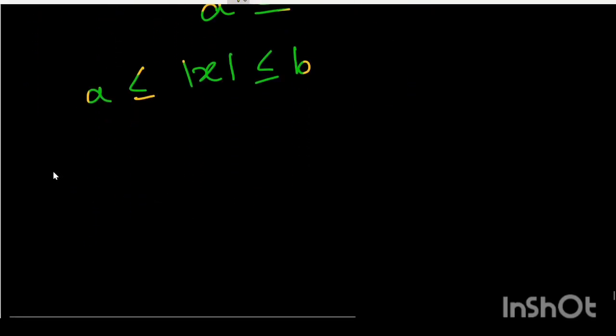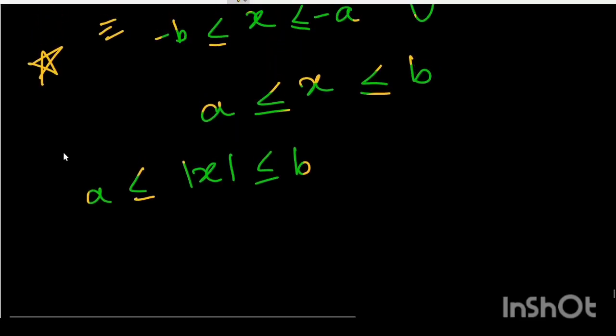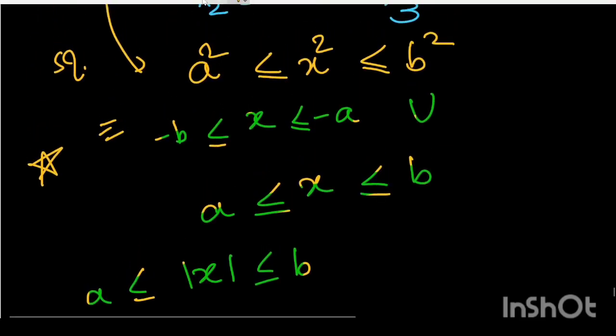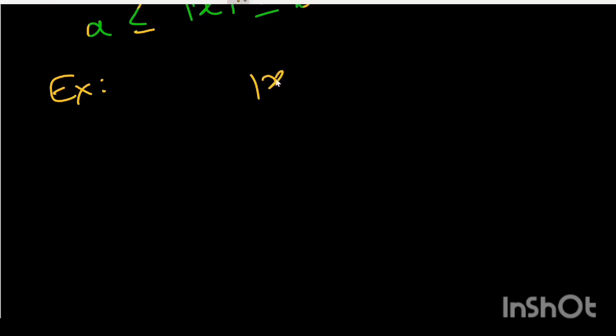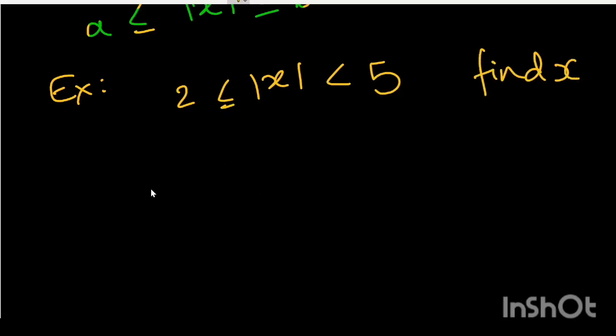And in the same way, we can generalize it also, if f(x) is there, that also we will see, but let's see one basic example first. Mod x between 2 to 5, find x. So guys, directly we can write the answer, x from minus 5, which is minus b.